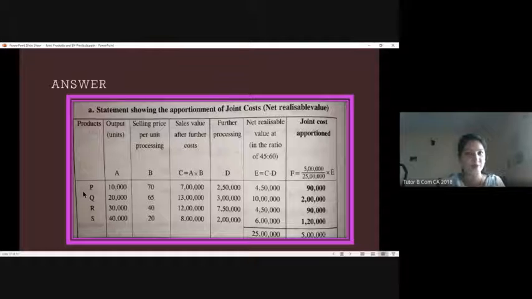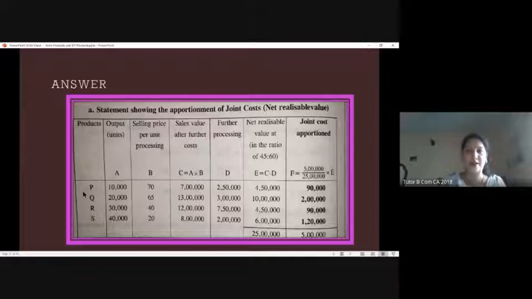That's the thing which you have to remember. When we are talking about the second thing, that is the market value after processing, here also the logic remains same, but we know that this particular product has further processing cost which needs to be considered before it is being apportioned.